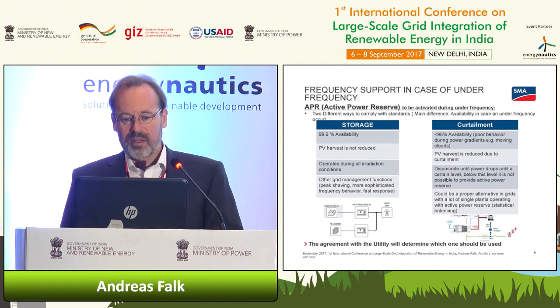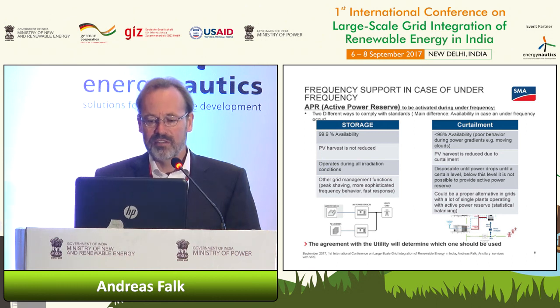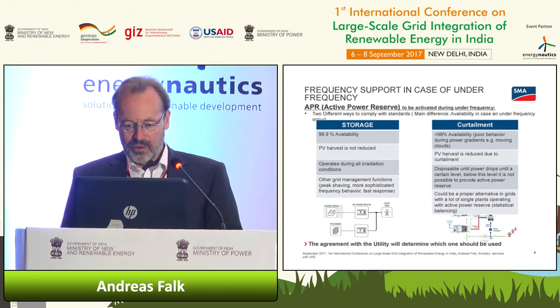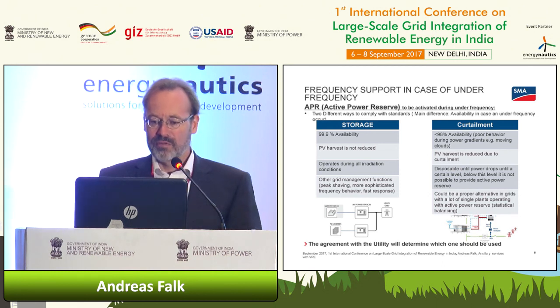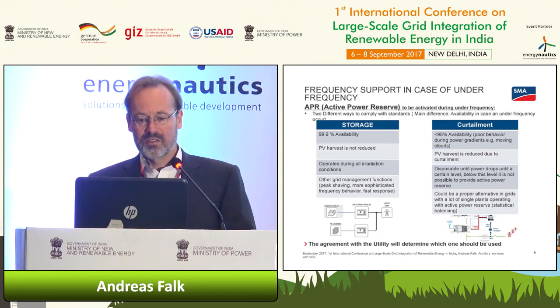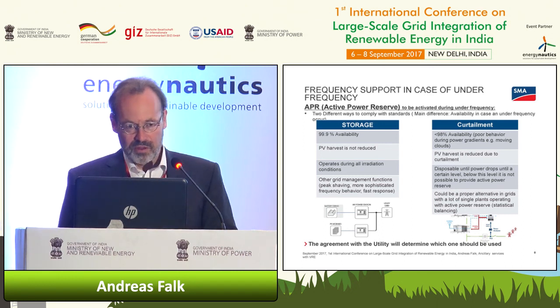But curtailment could be a very fine alternative in case you bundle a lot of single units, because then you have a statistical balancing effect between the units, and the availability of the single unit is no longer that important.